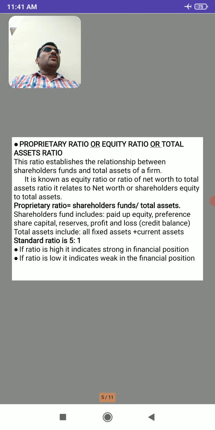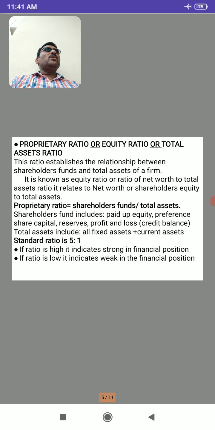If the ratio is high, it indicates a strong financial position, meaning the company's financial position is very sound. It can very easily pay the creditors or the liabilities payable. If the ratio is low, or less than 5:1, it indicates a weak financial position.